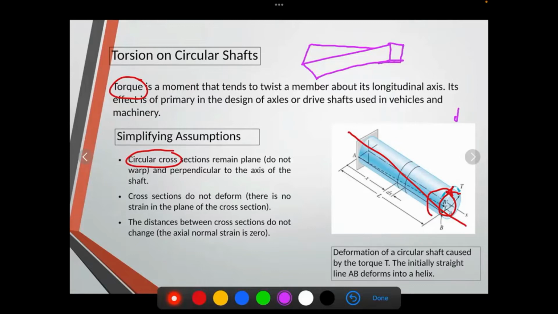So, if the shape is not circle, na kunyari rectangle siya, if we try to cut it, yung area ng cross-section will not be equal. So, this is what we call as non-axis symmetric. In comparison kasi for a circular cross-section, the analysis for objects that are not axis symmetric is significantly more complicated to analyze.